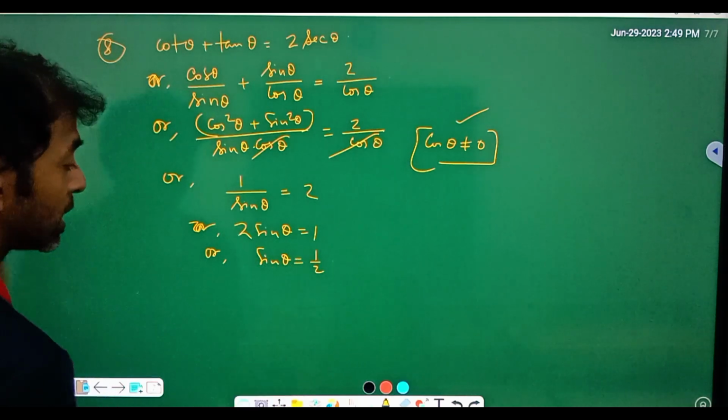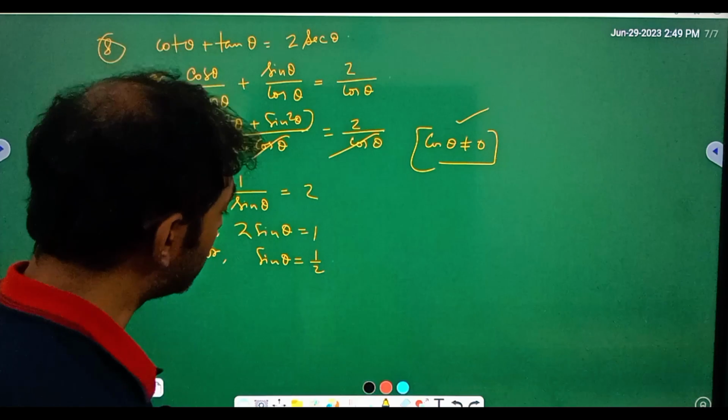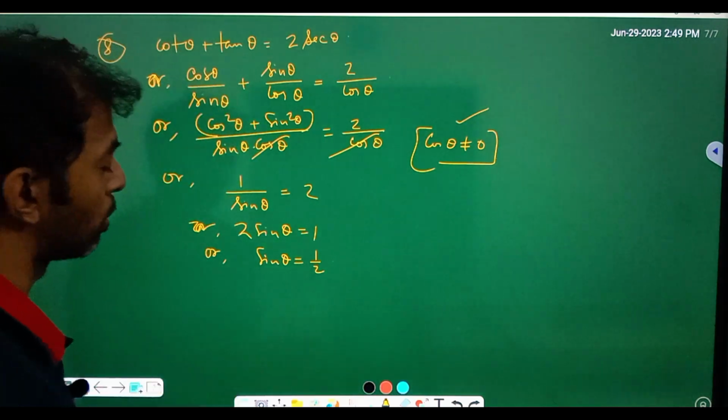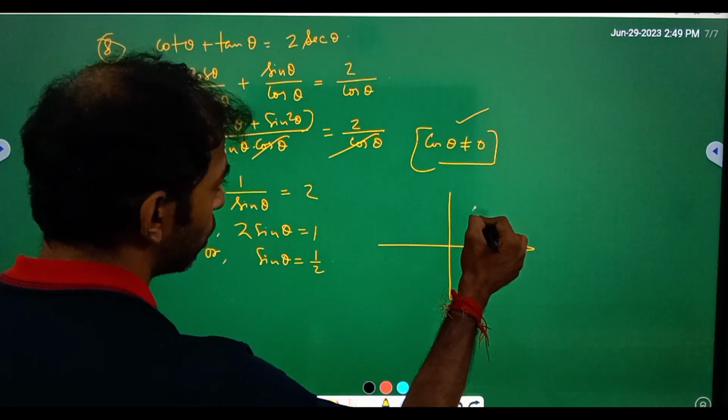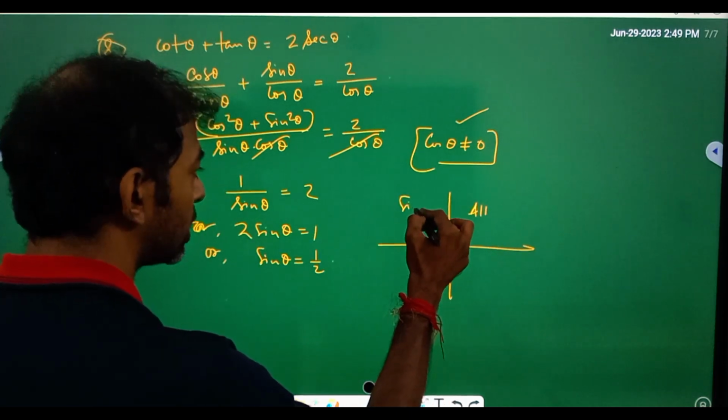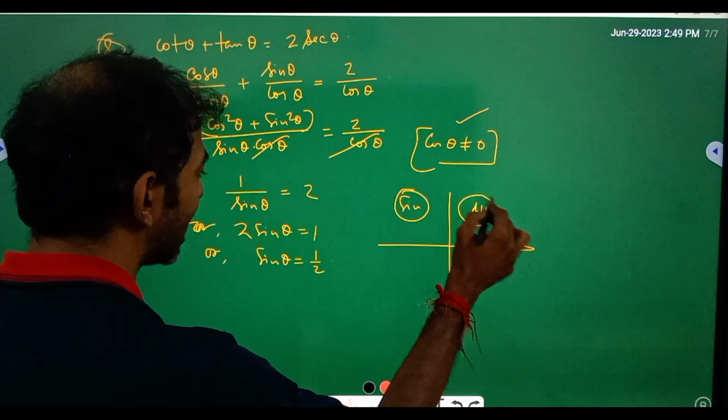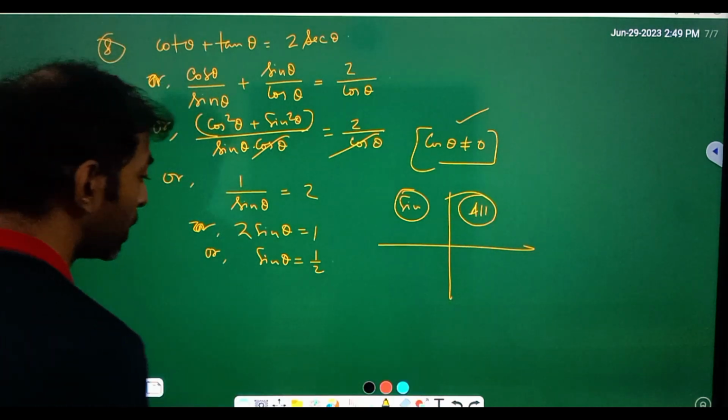Now, you need to consider in which quadrants sin theta is positive. We all know that in the first quadrant it is all, and in the second quadrant it is sine. So in the first and second quadrants, sine is positive here.